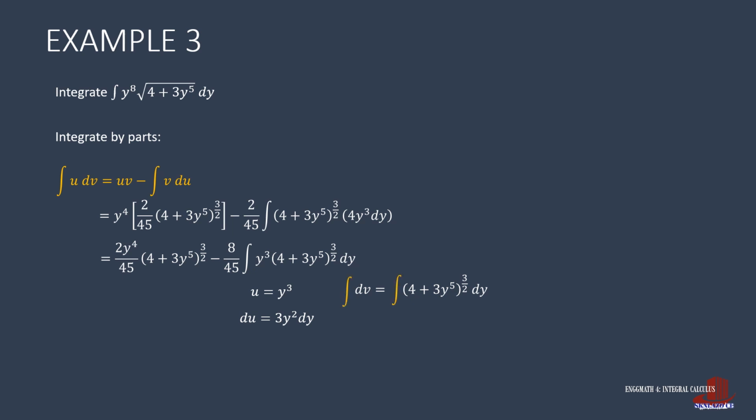First, check that in the integral, u is 4 plus 3y raised to 5. du is 15y raised to 4 dy. The derivative still has y raised to 4, but then the integral only has y cubed to offer. So this is the end of the solution, and we can say that the function cannot be integrated.